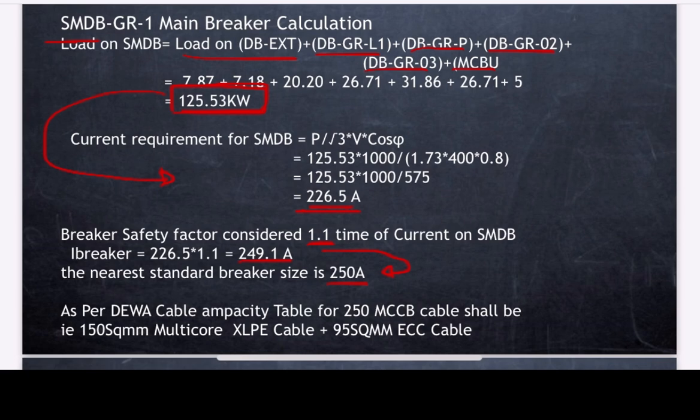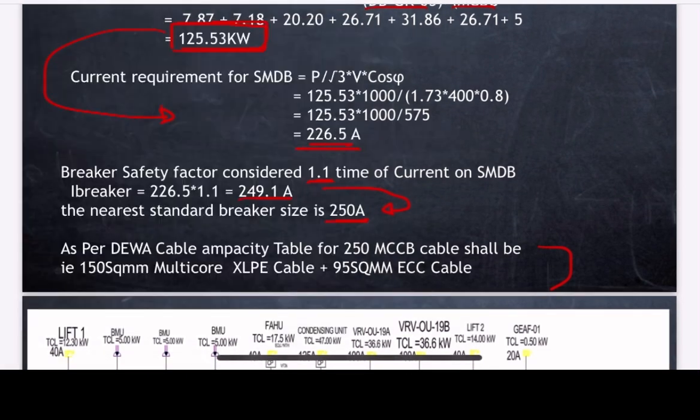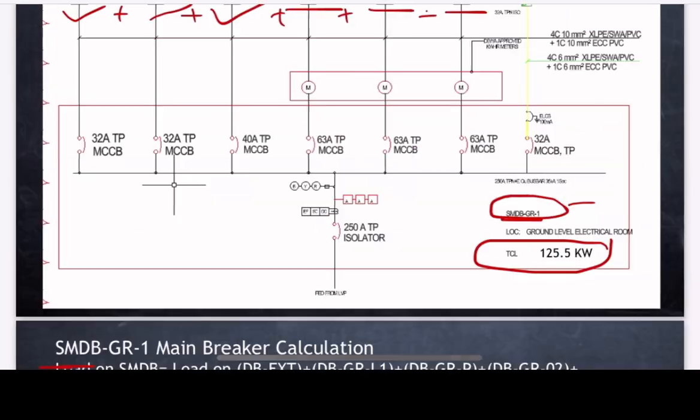Again, I will refer to the DEWA regulation, and we find that for a 250 ampere breaker rating, the cable size requirement is 150 square mm. I got this from the same chart of the DEWA regulation, but here I'll show you that chart once again.